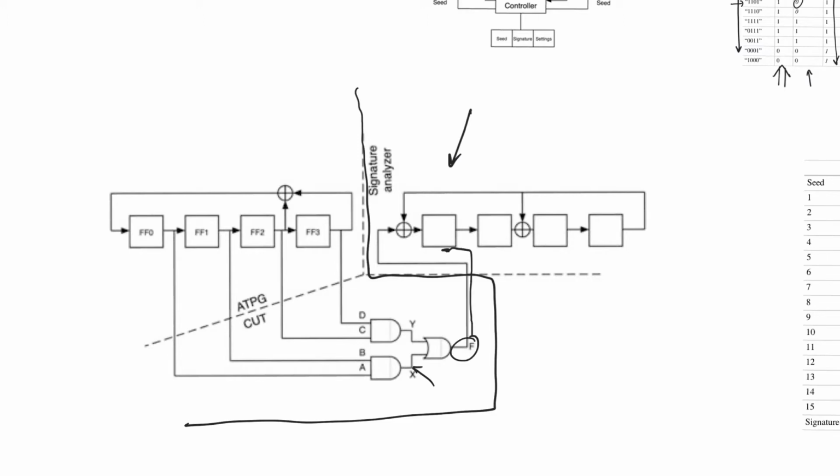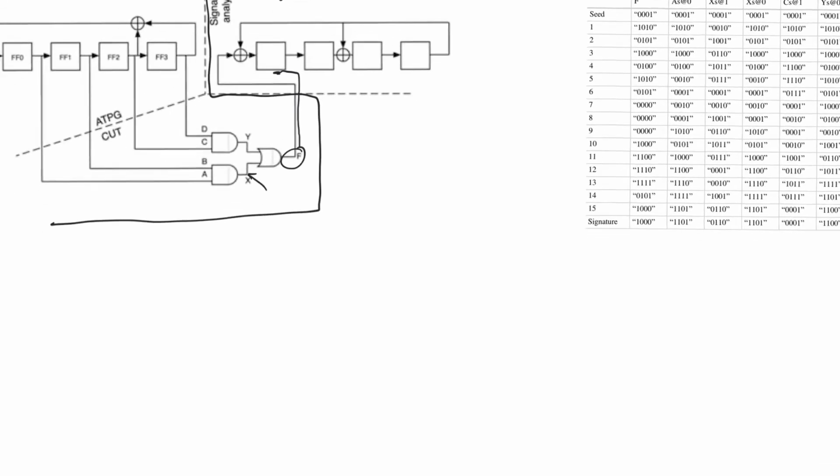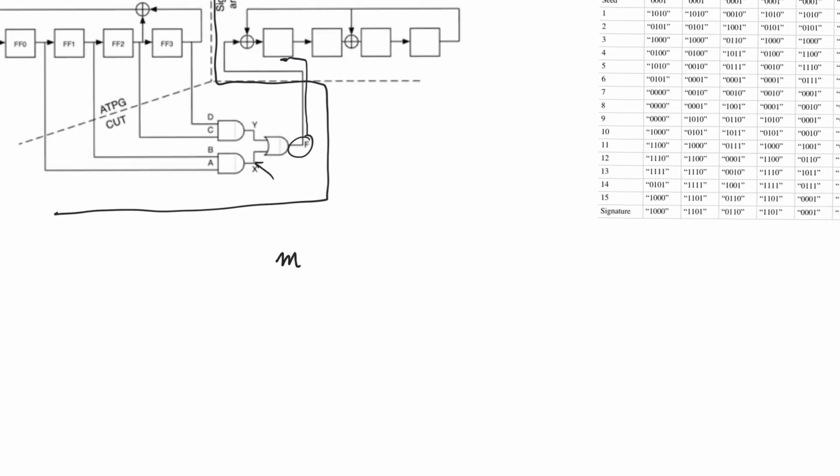So let's look at the output of the circuit under test, F. If this circuit under test has M inputs, then strictly speaking, we need to apply 2 to the power of M input patterns to the circuit to test it. And so we need to observe a stream of F, which is 2 to the power of M bits long.